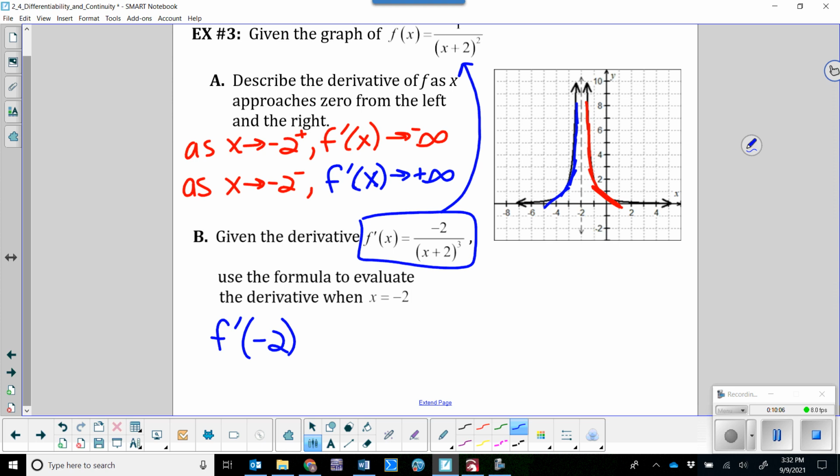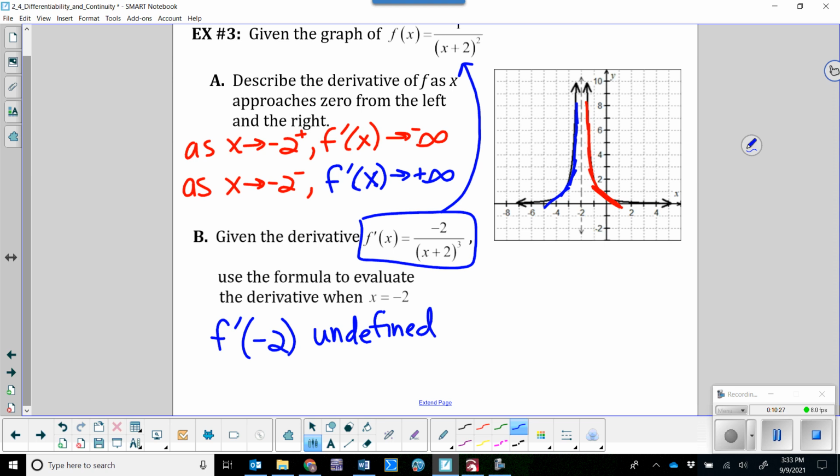Let's take that formula and evaluate at negative 2. If I try to do that, I'm going to get undefined, because I'm going to be dividing by 0. So we have no derivative there.